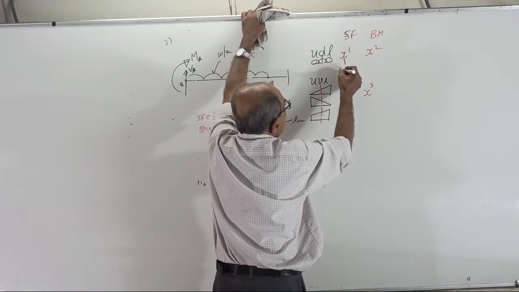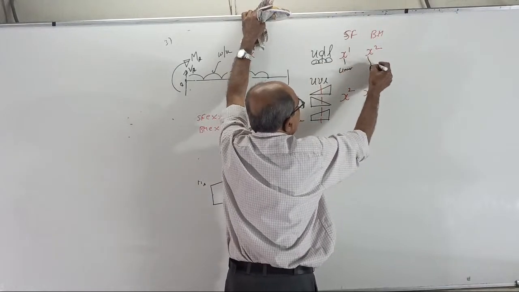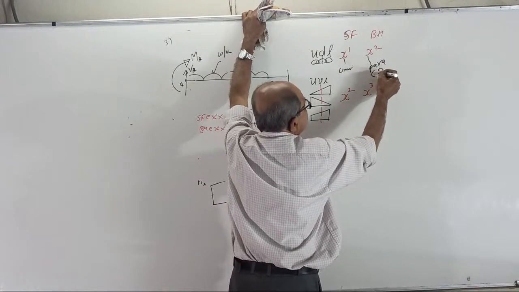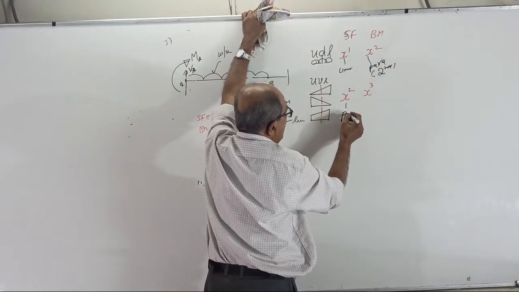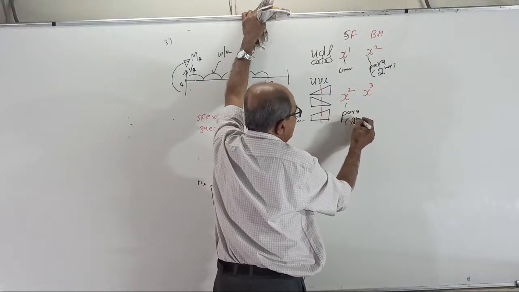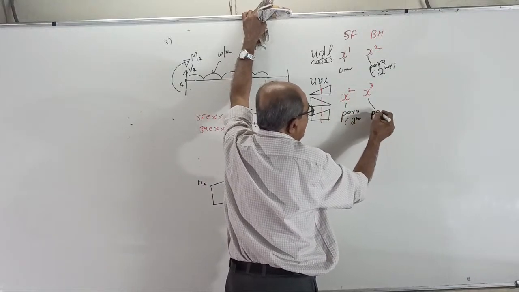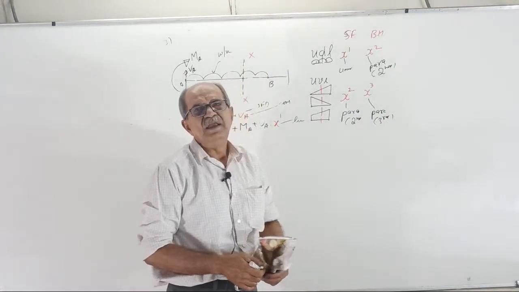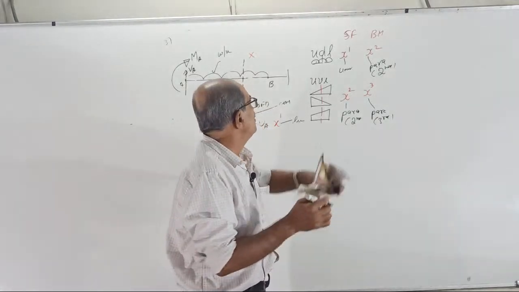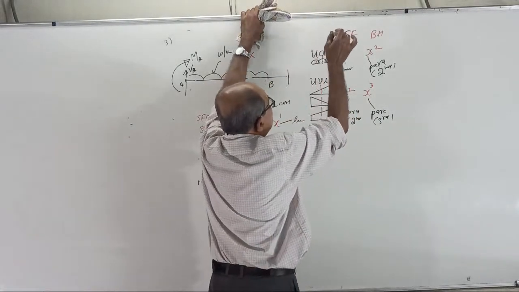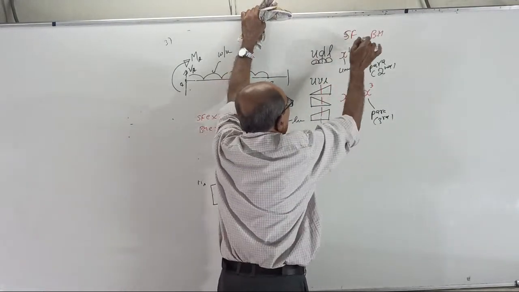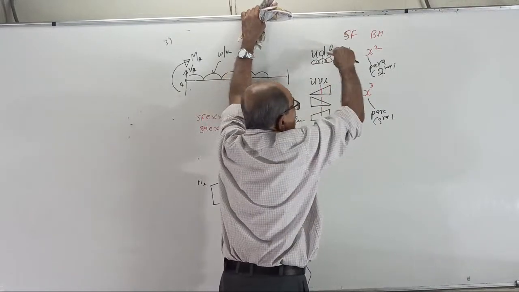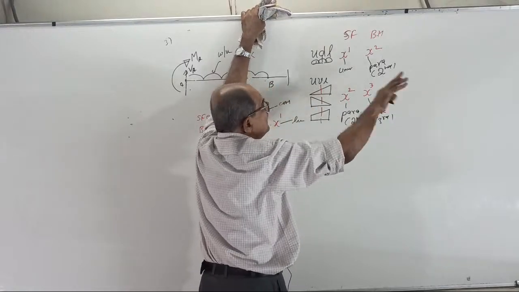Means linear, parabola of second degree, and parabola of third degree. I already told you so many times on YouTube, I proved it. Now, how to remember? See, from UDL to UVL, when you come down, the power increases. This way also the power increases.